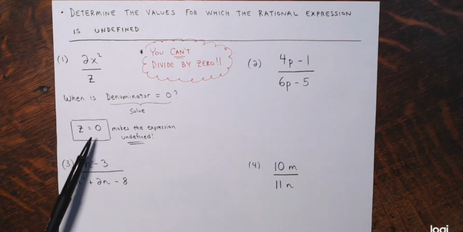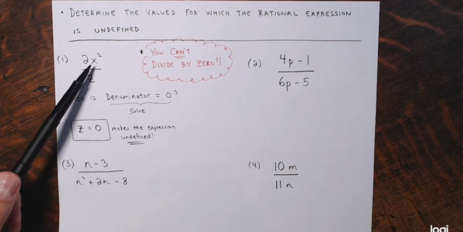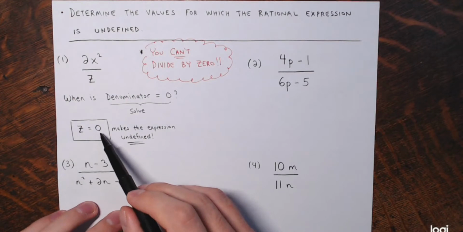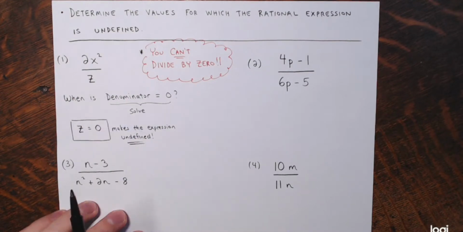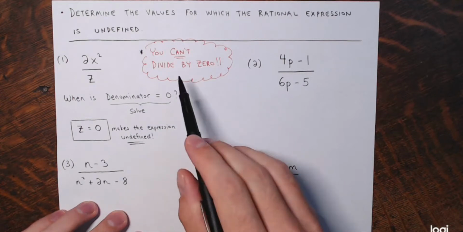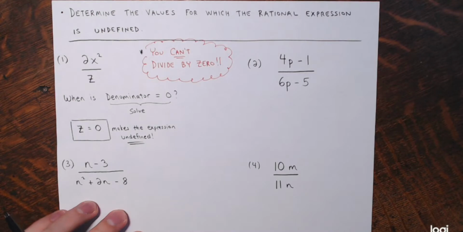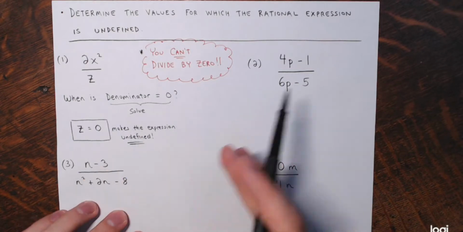I can replace z with any other number, and I can replace x with any number I want, and it'll be fine. Just when z is 0, we're dividing by 0. I know I said that several times now, but I really want to hammer that point home. You can't divide by 0. Denominators can never be 0. Okay, so hopefully that'll make the rest of these very simple.